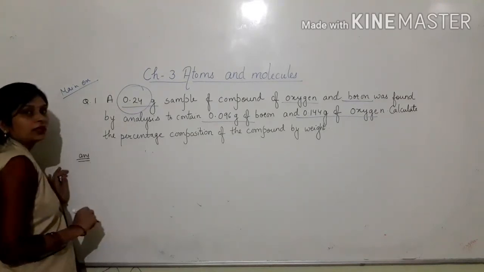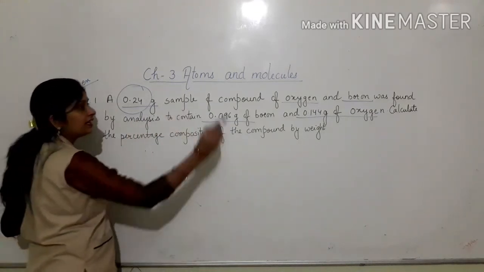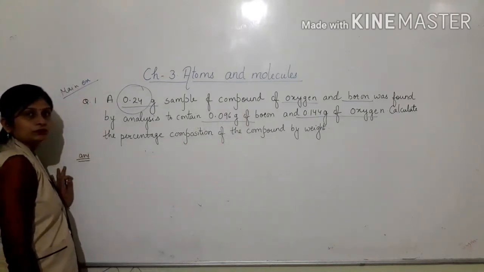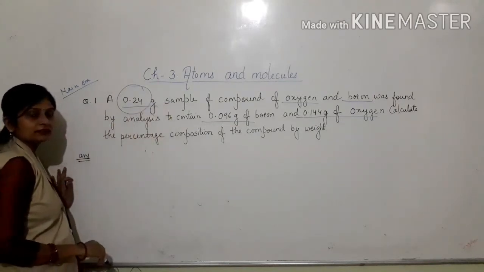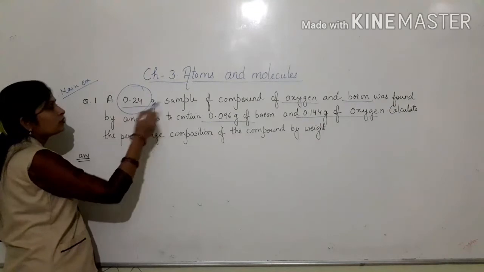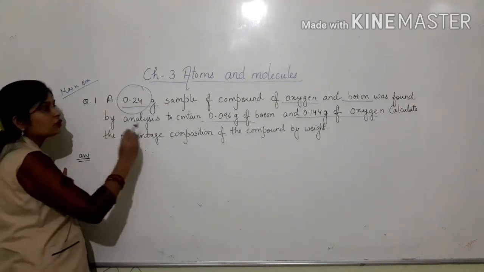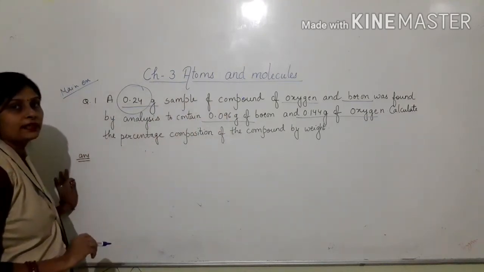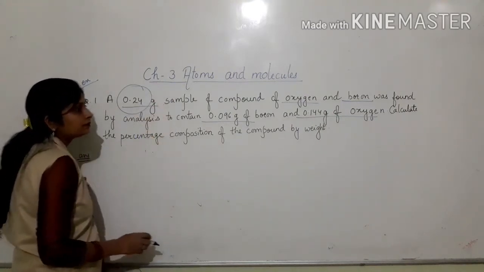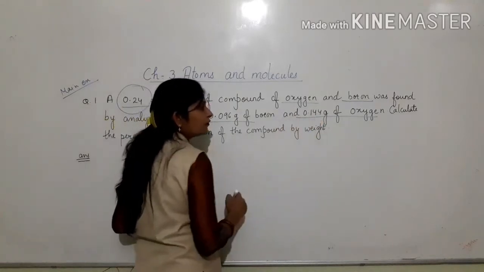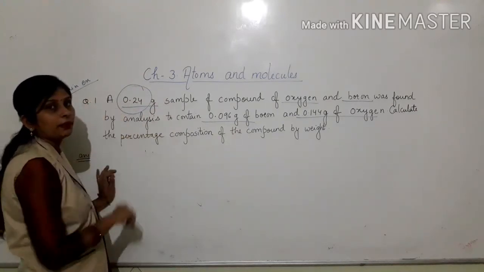Okay, so in this question it is given that there is a compound containing oxygen and boron. 0.24 gram of that compound is given. So what is the total weight or mass of the compound? It is 0.24 gram, in which oxygen and boron elements are present, and these elements are present in 0.144 gram and 0.096 gram in this compound.